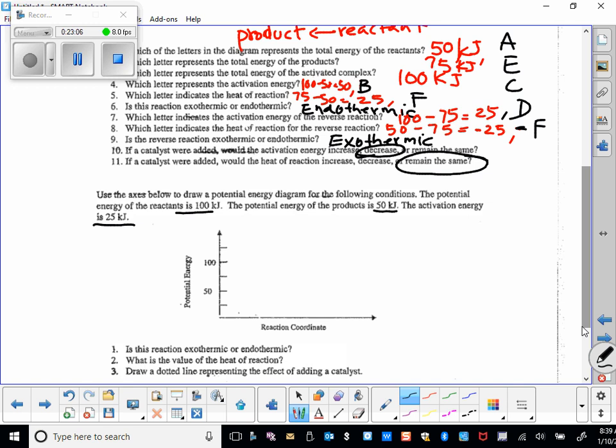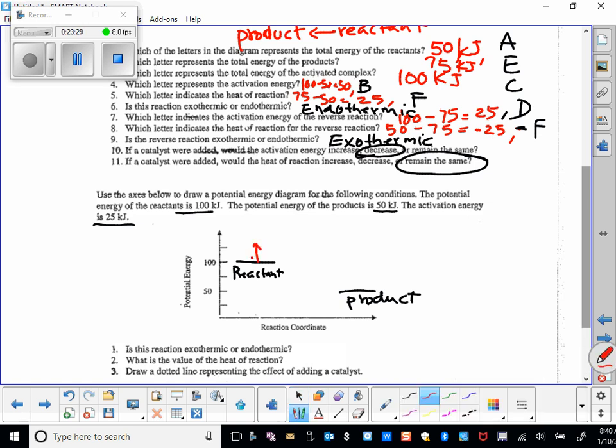Okay. So they say the potential energy of the reactants is 100. So I'll draw a line here and I will call this my reactant. The potential energy of the product is 50. So I will call this line my product. We have said activation energy is 25.